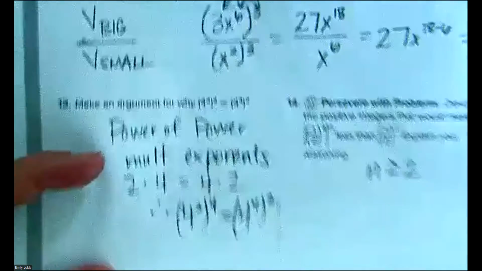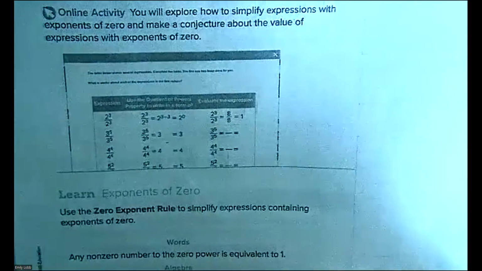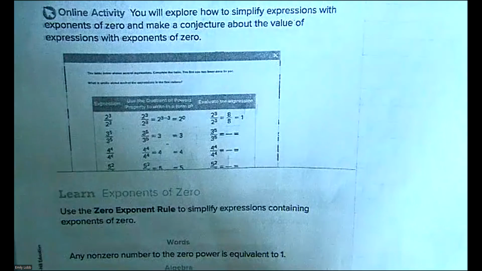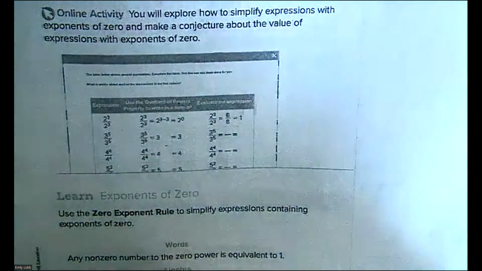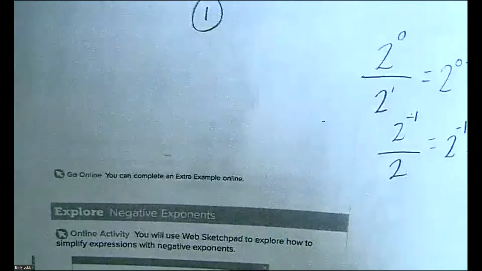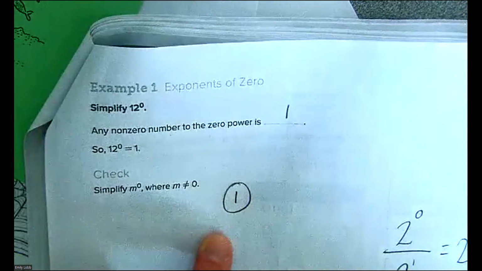All right. And then what we have been working on over and over and over again is zero and negative exponents. They can be a little tricky, right? Subtracting a negative. We have to remember our integer rules. But anything to the power of 0 is what? 1.